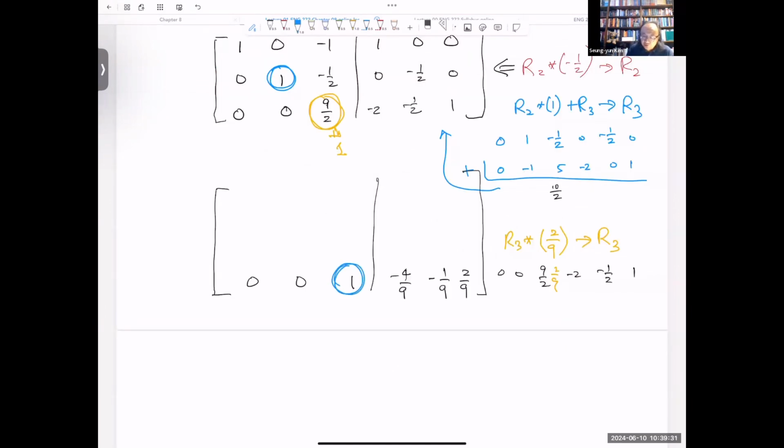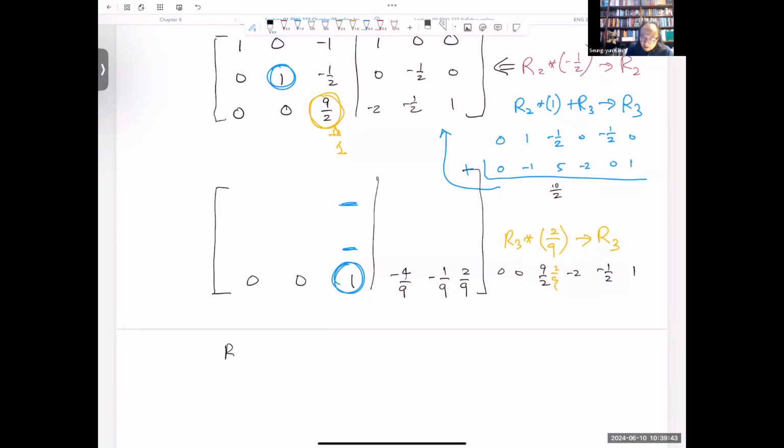We need to use this 1 to make all the numbers above it 0. I'm going to work on the first row: R3 times 1 plus R1, put it back to R1. So R3 we have 0, 0, 1, negative 4 over 9, negative 1 over 9, 2 over 9.